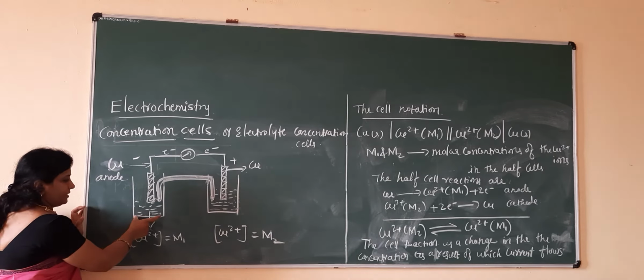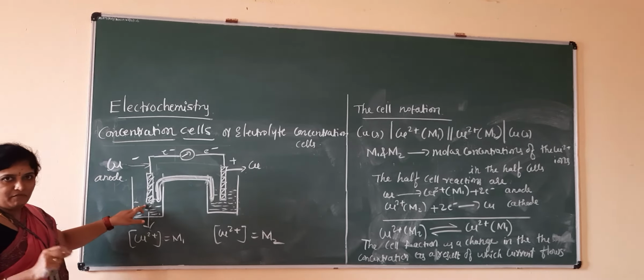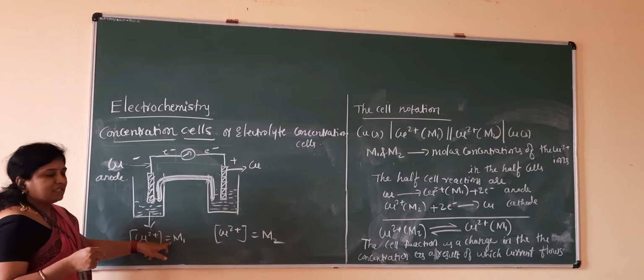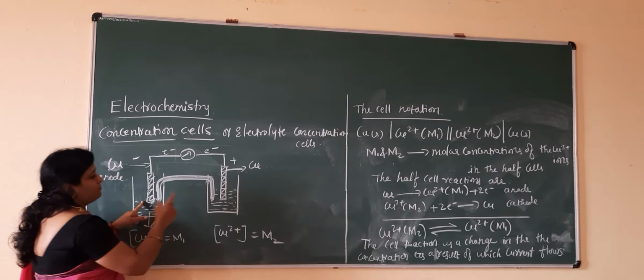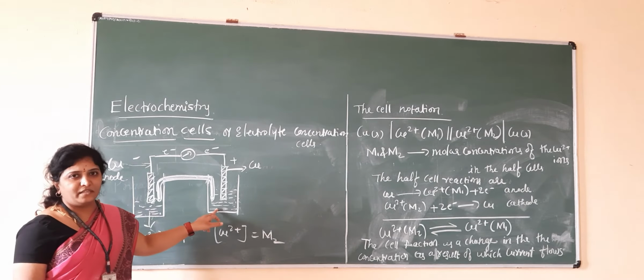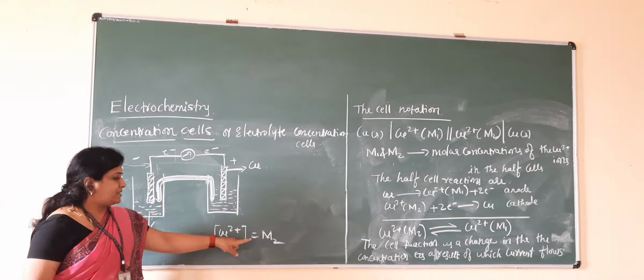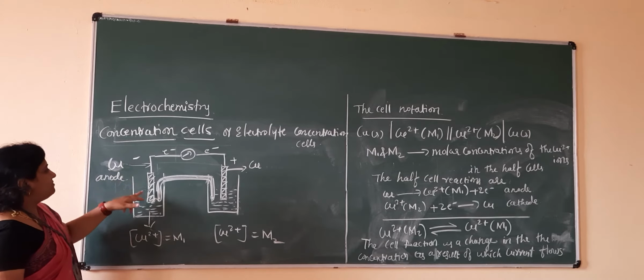Let us take one container, and in this container we have taken copper sulfate solution, and let the concentration of that solution be M1. And let us take one more container. In that container also we have taken copper sulfate solution, and let us take the concentration of that solution as M2.